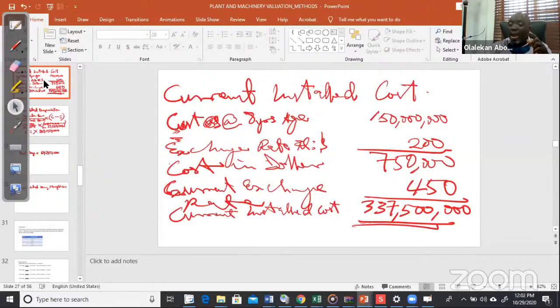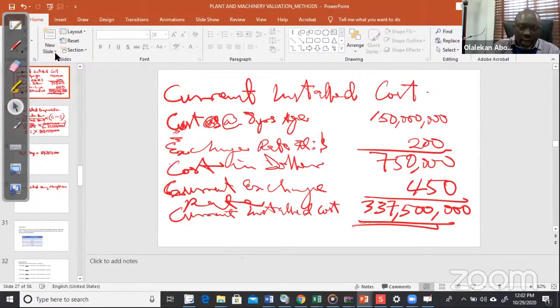Our cost then, which was 150 million at the rate of 200 naira to $1, we will now convert to dollars so that we can apply the current exchange rate to it.